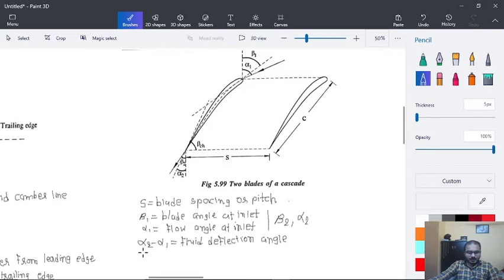Beta 1 minus alpha 1 is equal to the angle of incidence.